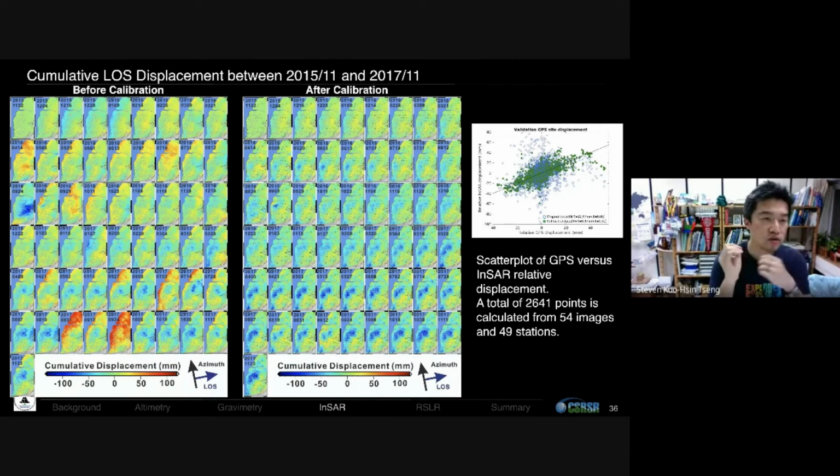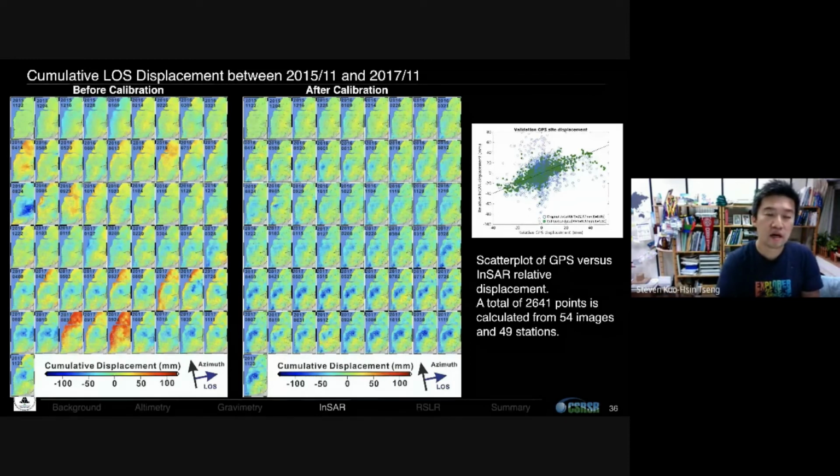So you need to calibrate or at least validate that with a few GPS stations. Then you can make it more reasonable or understandable, because now when you see the cold color, it really means the land is moving down or moving away from a certain reference surface.